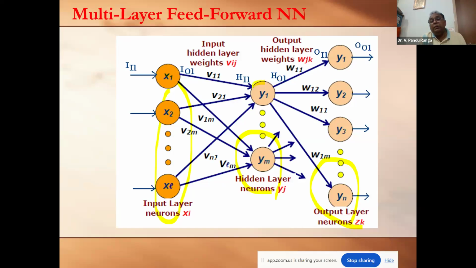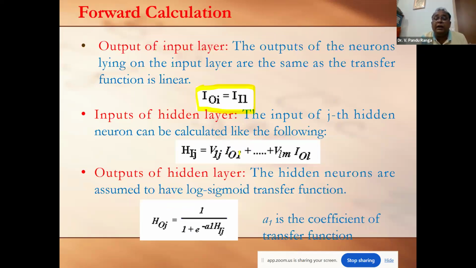So now what could be given as input to the neurons present in the hidden layer? That is the weighted sum of all the outputs from these neurons, which will be given as input to a neuron in the hidden layer. That's why I'm saying weighted: there are connection weights Vij between a particular neuron in the input layer and the hidden layer.